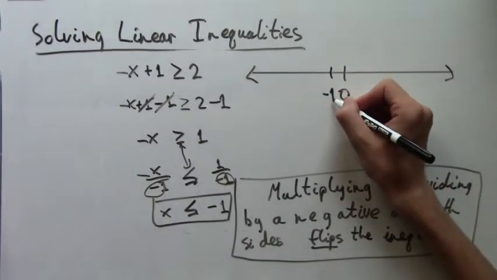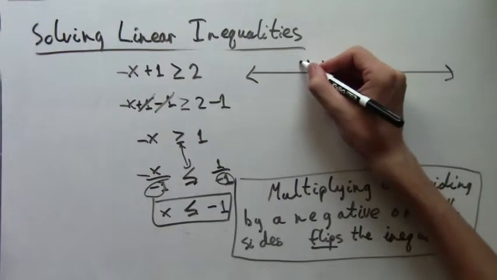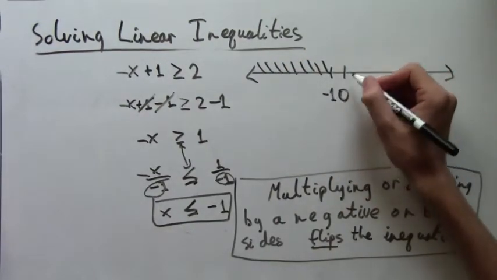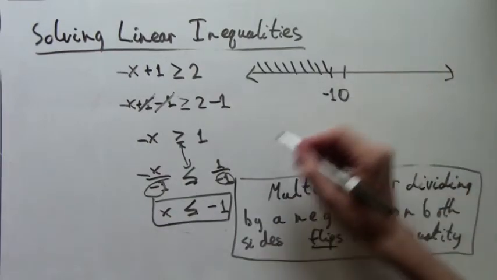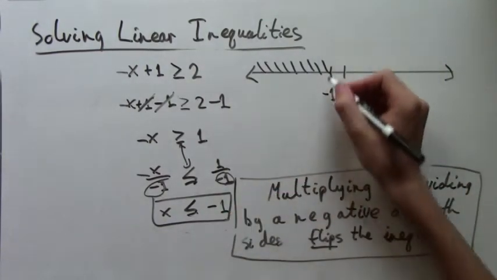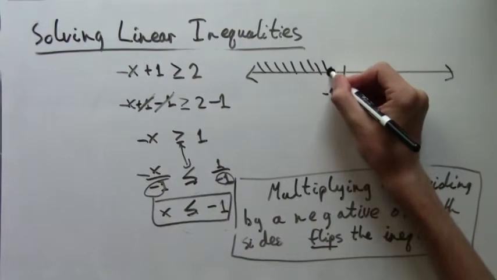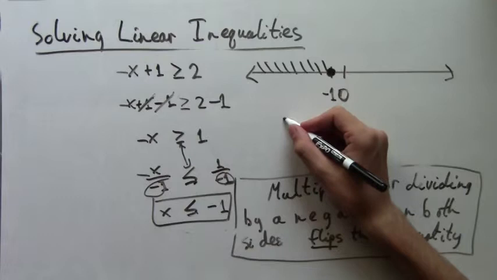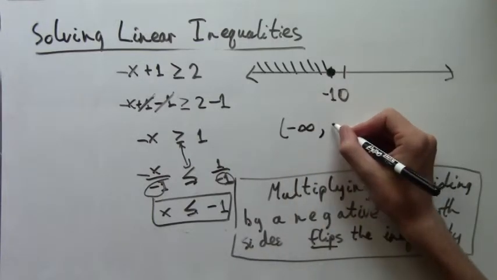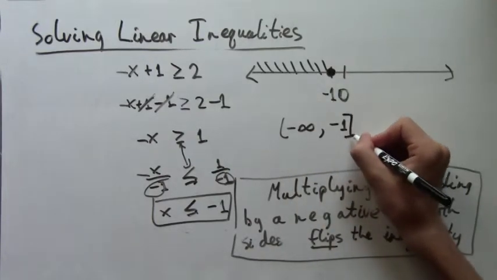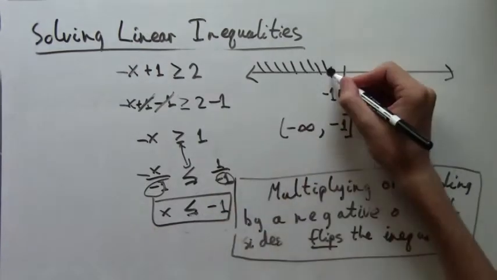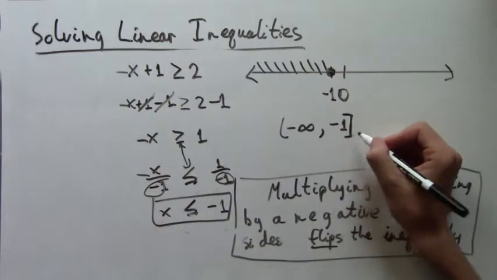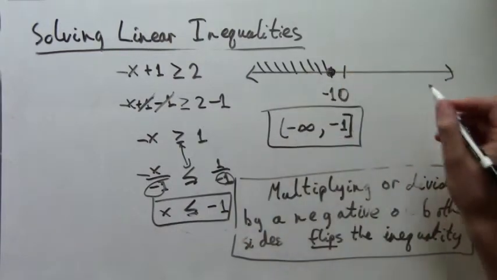And we're going to mark -1 because x is less than or equal to it. And we're highlighting to the left of -1. And because we have x less than or equal to -1, we want to include it. We do that by making a filled-in dot on the -1. In interval notation, that would be negative infinity, comma, -1, with a square bracket by the -1 because we're including it in the set. And that is the final answer.